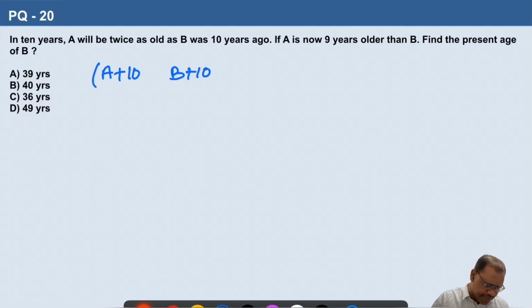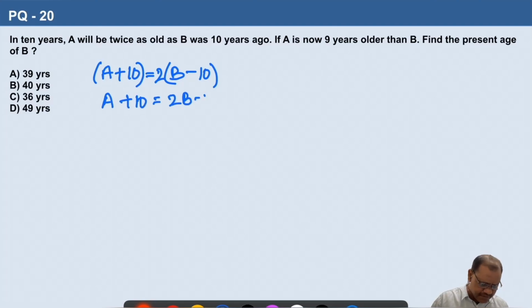So A will be twice as old as B was 10 years ago. Sorry, you have to subtract 10 here. So this is A plus 10 is equal to 2B minus 20. So A is equal to 2B minus 30.